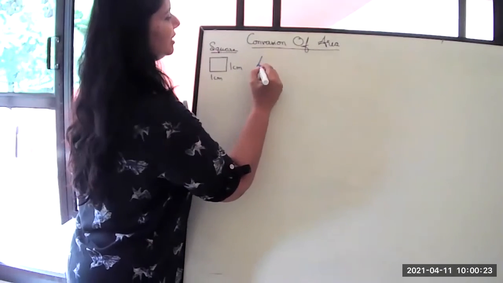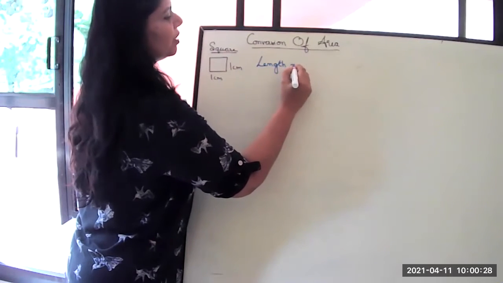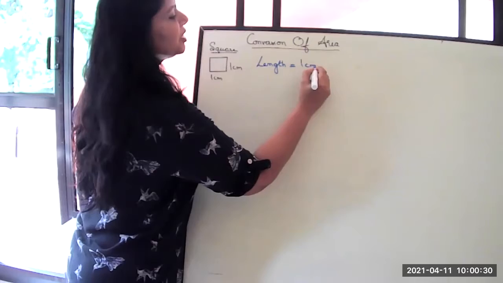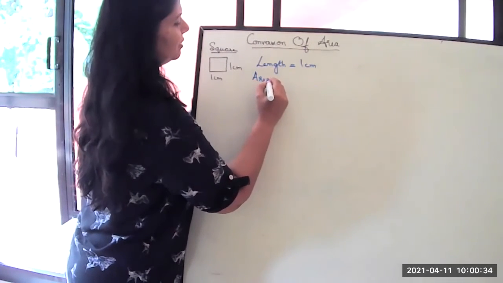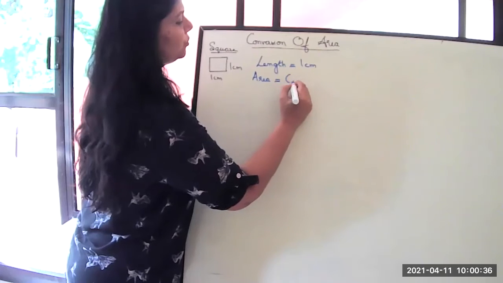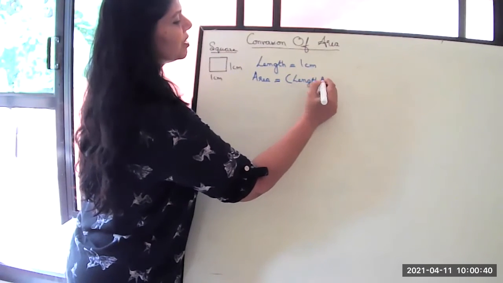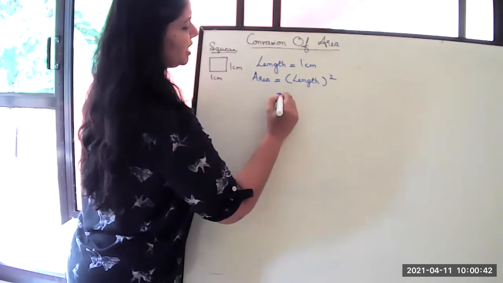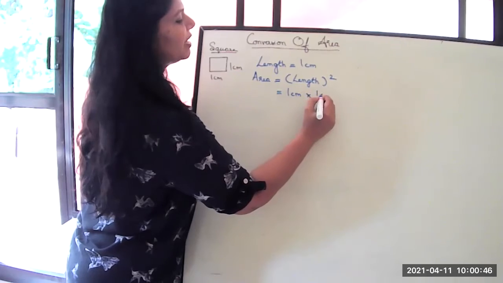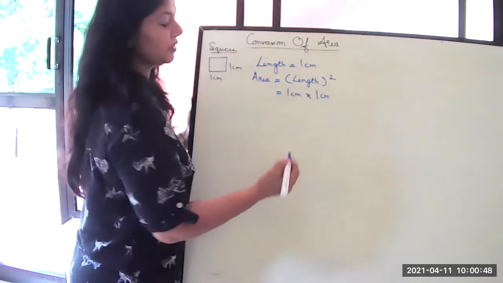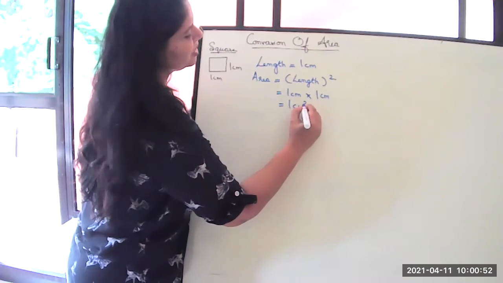So here the length is 1 centimeter. So the area is equal to length square. That is equal to 1 centimeter multiplied by 1 centimeter, which is equal to 1 centimeter square.